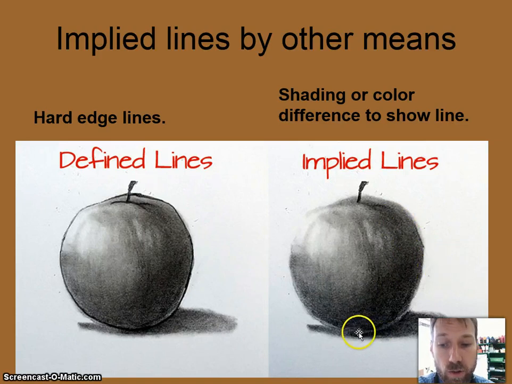Likewise, right here where the apple comes up and we've lost this edge here because of the highlight, our mind fills that gap in up to the top of this apple. So sometimes you can have implied lines based on the way that shading or color or value show the difference between two areas in a painting. This is a way of making implied lines by another means.